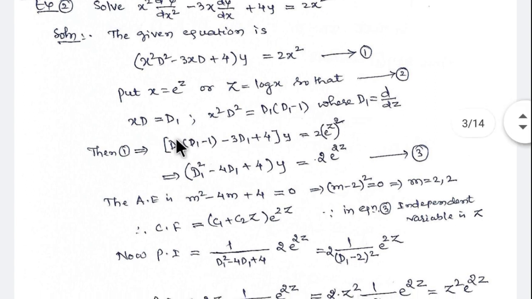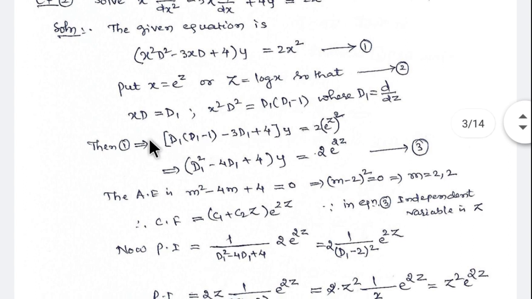With this transformation, equation 1 takes the form: in place of x square D square, write D1 into (D1 minus 1); minus 3 as it is; in place of xD, write D1; plus 4, into y equal to 2 into, on the right-hand side, x square, which is e raised to z whole square.